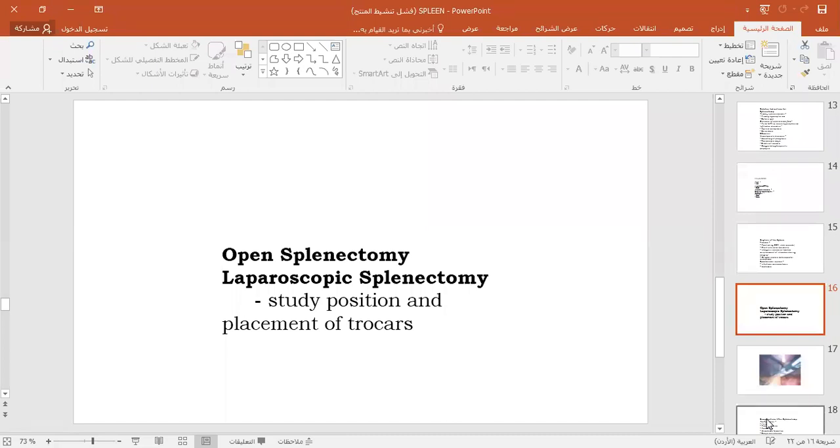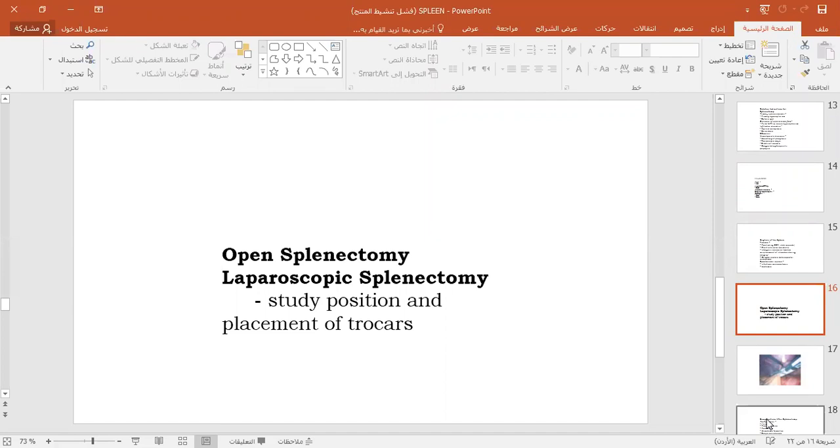We isolate the artery and ligate it with one knot, and then dissect the hilum to ligate the splenic vein, and then we do splenectomy by dissection of the suspensory ligaments to isolate the spleen from the other ligaments, the splenorenal and splenogastric ligaments.